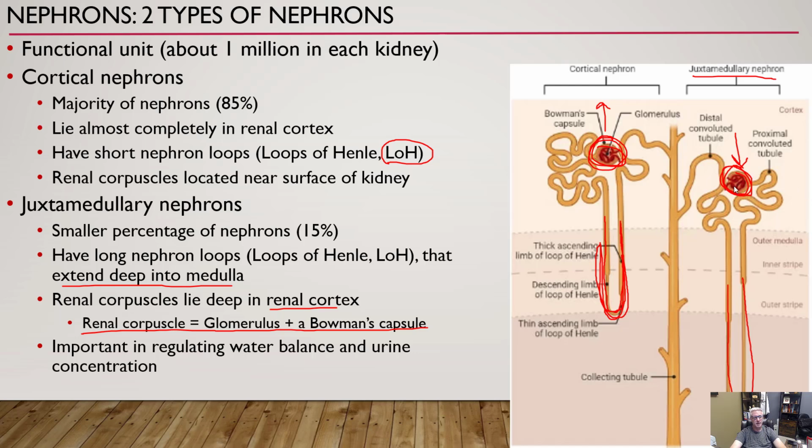A glomerulus is the capillary network, and the Bowman's capsule is the thing that surrounds the capillary network. And the juxtamedullary nephrons are important for regulating the water balance and urine concentration.